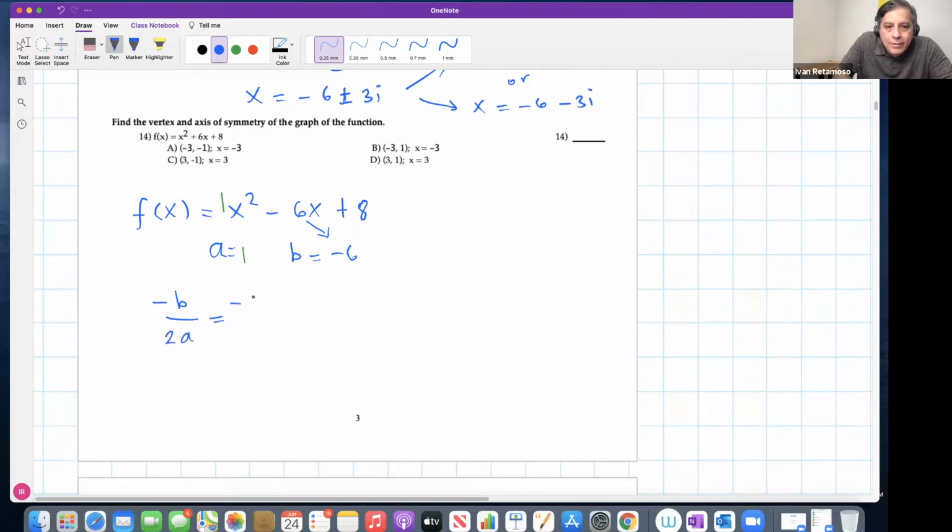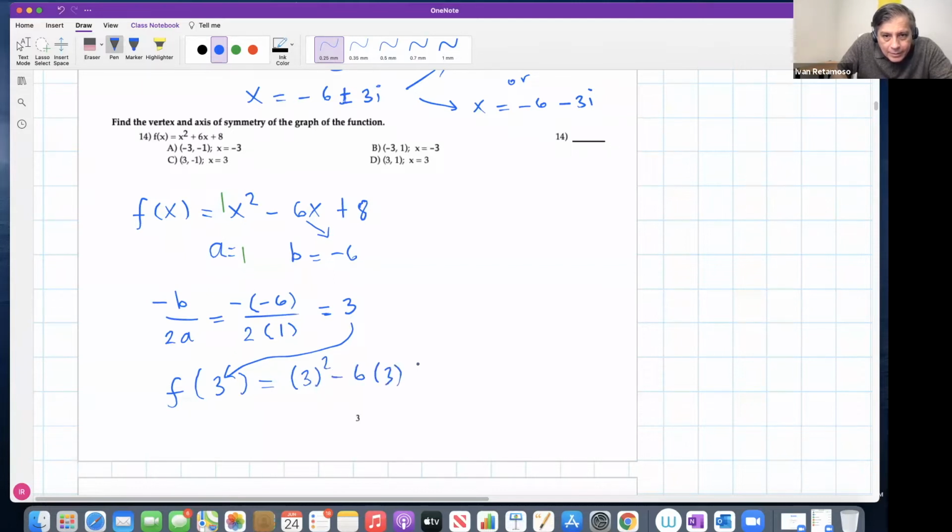This will be the first coordinate of your vertex, which is minus and minus, plus 6 positive, divided by 2 times 1, which is just 3. This is the first coordinate of your vertex, and then you plug this into your quadratic function to find its partner, which is going to be the second coordinate of the vertex.